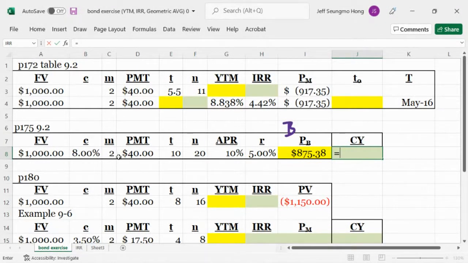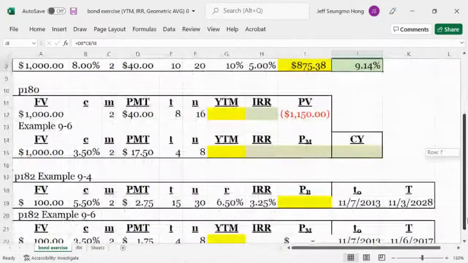First of all, current yield is basically the annual coupon payment, so it's 2 times the semi-annual coupon payment, and we divide it by the market price. There you go. Current yield is 9.14.